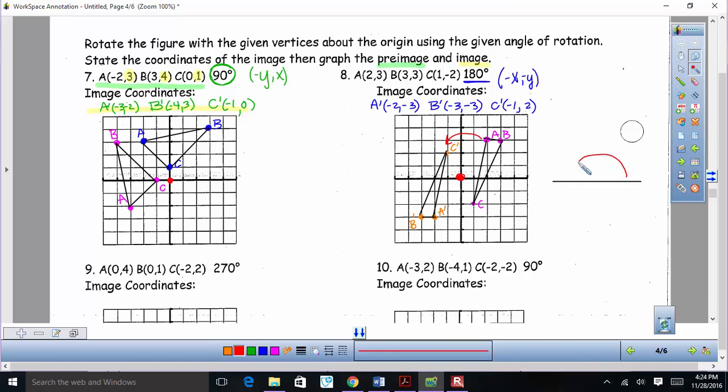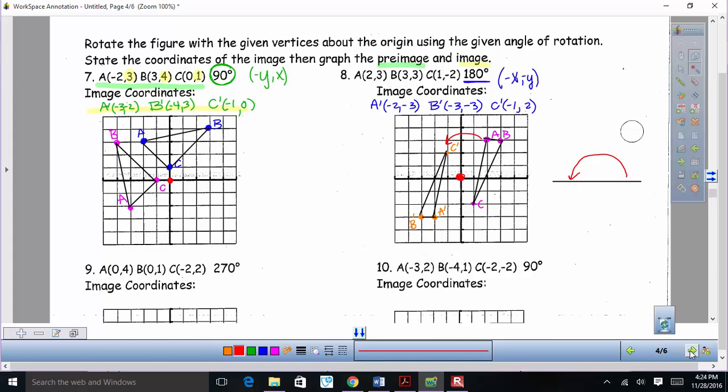If I go from one side of the line to the other, it makes 180 degrees. So we took this and basically completely turned it around. Now, if we kept going 360, it'd end up in exactly the same spot. But as you can see, we took this, and as we rotated it, it flipped over.